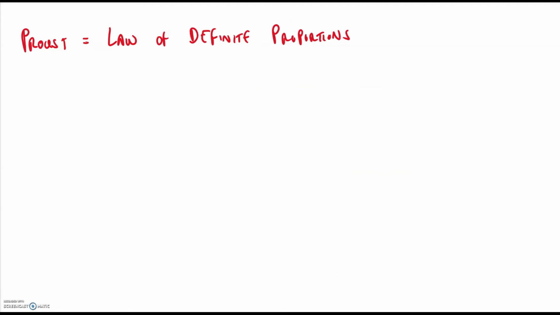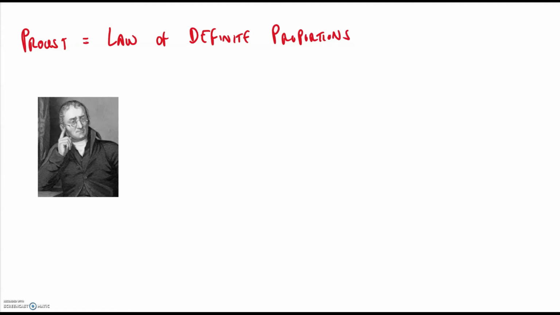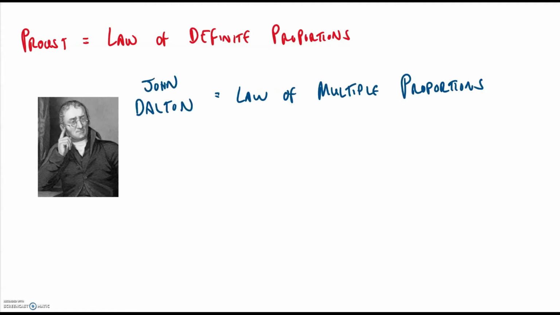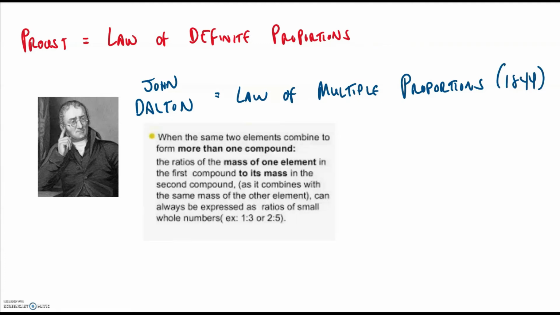From this dude, whose name is Dalton, we get the law of multiple proportions. This made its appearance in 1844, and here's what that says. The same two elements combine to form more than one compound.